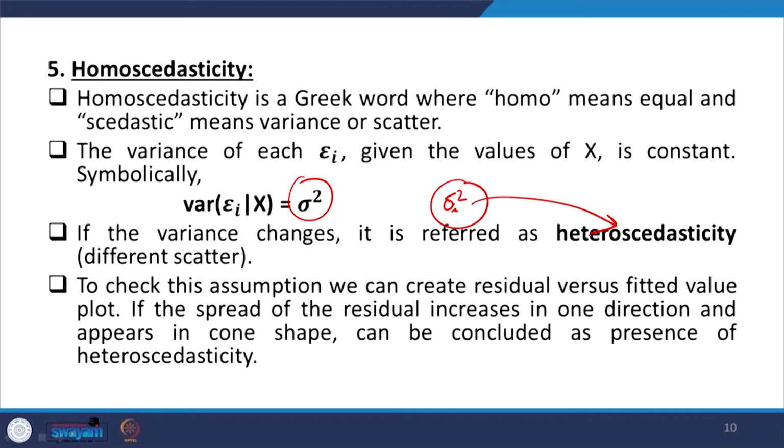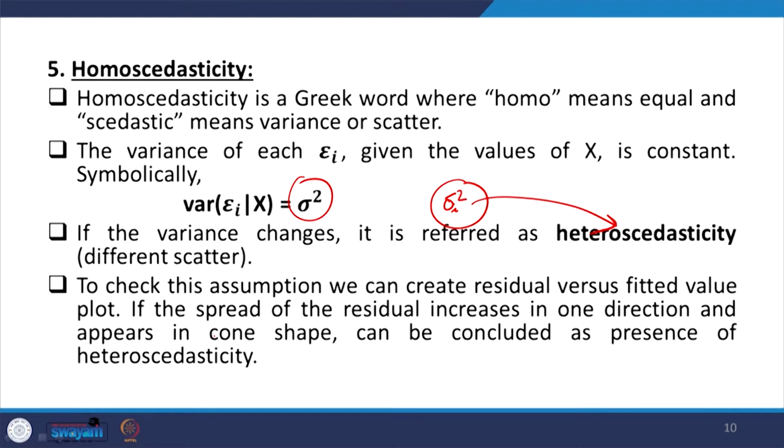If the spread of the residuals increases in one direction and appears in a cone shape, it can be concluded that heteroscedasticity is present. So, either it is rising in a cone shape, or it is constantly changing in a certain direction, and that is called heteroscedasticity.